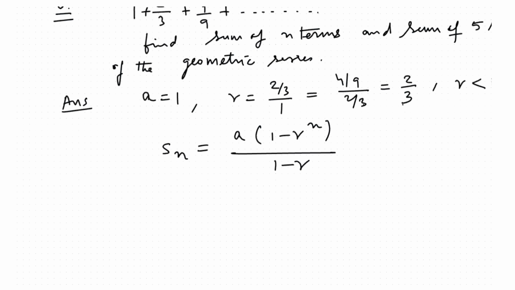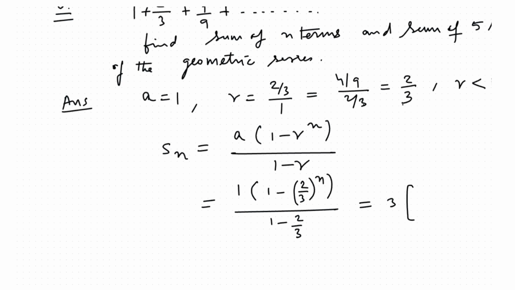So a, what is a? A is 1, and 1 minus 2 upon 3 power n, upon 1 minus 2 upon 3. So 1 minus 2 upon 3 will be 1 upon 3. So I will get 3 times 1 minus 2 upon 3 raised to the power n and then bracket close. That is my Sn.